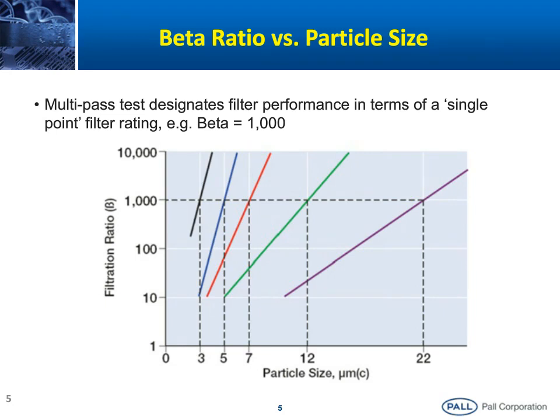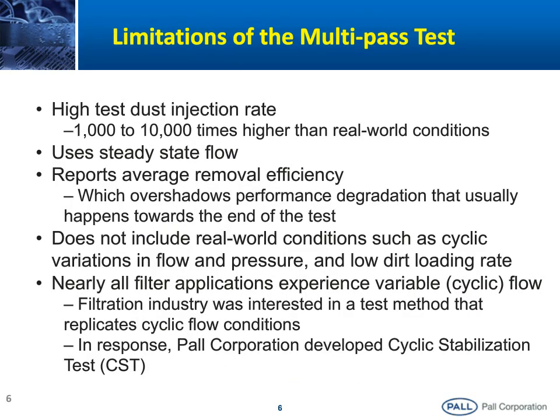The multi-pass test, although a reliable test method that has been in use for decades for assessing and comparing filter performance, has limitations. The main ones are that the test requires very high dust injection or loading rate compared to what happens in real life. And the reason for high dirt injection during the test is to be able to complete the test in a reasonable amount of time, which is usually an hour.